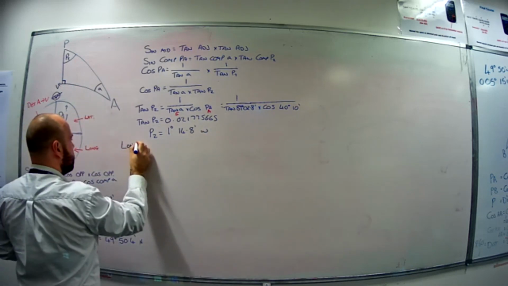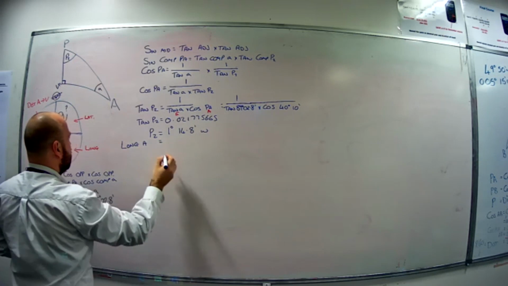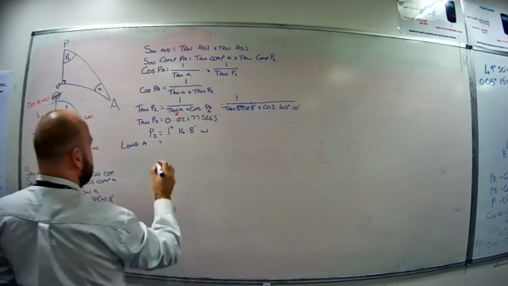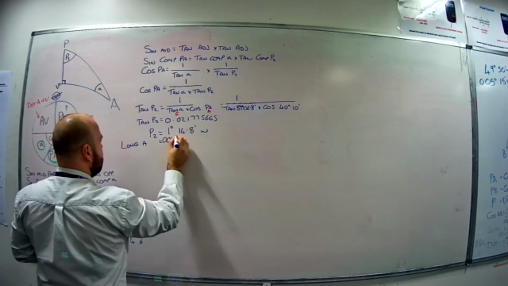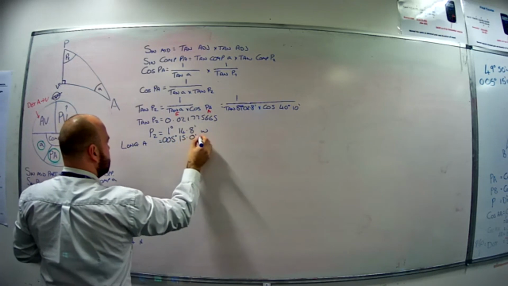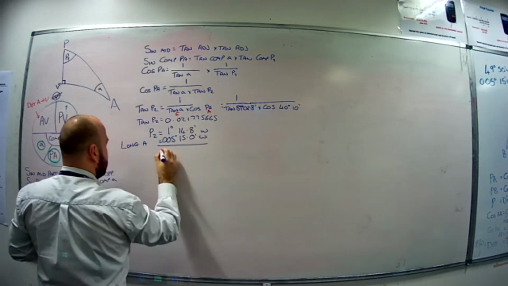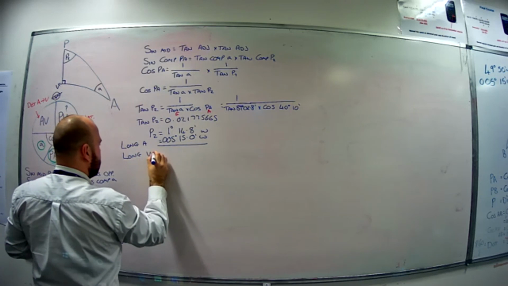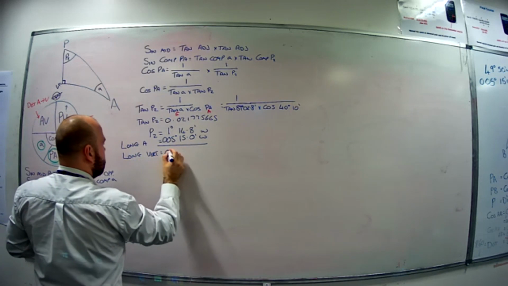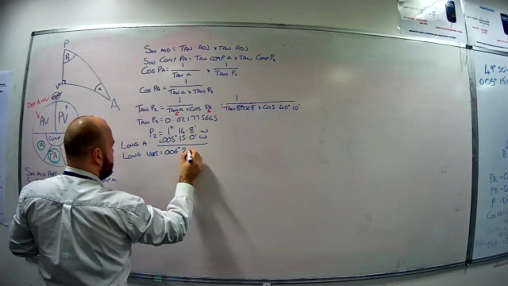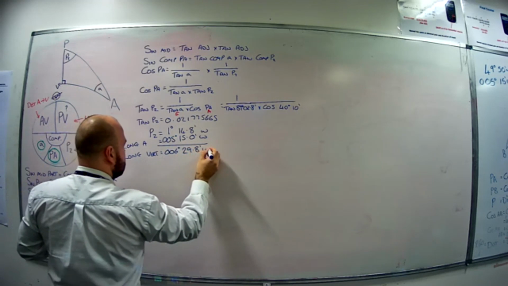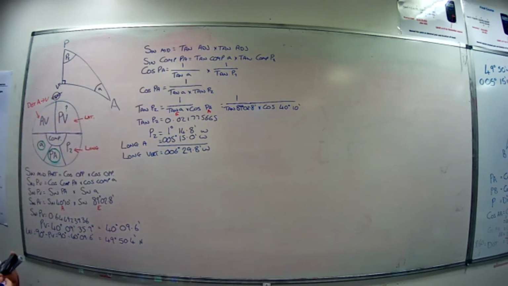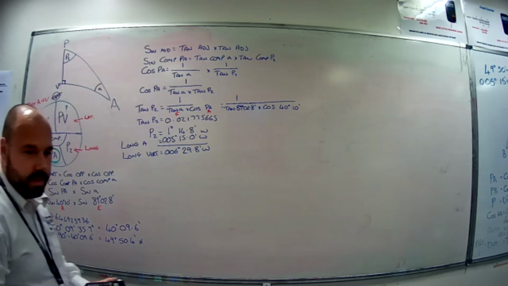The longitude of A equals, was it 5 degrees 15 west, 005 degrees 15.0 minutes west. So the longitude of our vertex is going to be 006 degrees 29.8 minutes west. And that's how we do it.